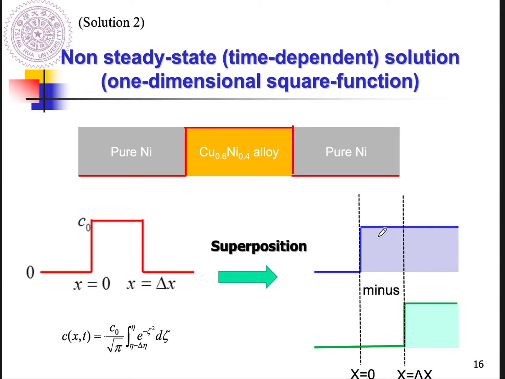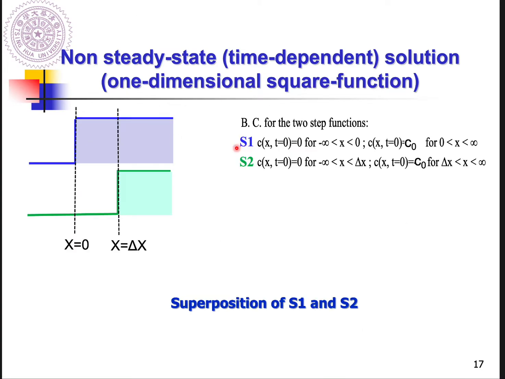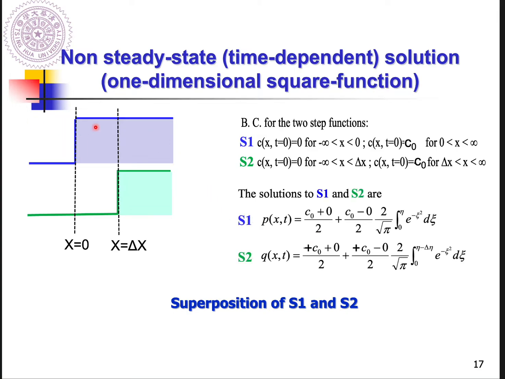As long as I get this solution and subtract the solution of this step function, then you can get the solution for this one-dimensional square function. First of all, you need to write down the solution for S1, step function 1: (C0 plus 0)/2 plus (C0 minus 0)/2 times the error function of iota. And S2, this step function shifted from x equals 0 to x equals delta x.